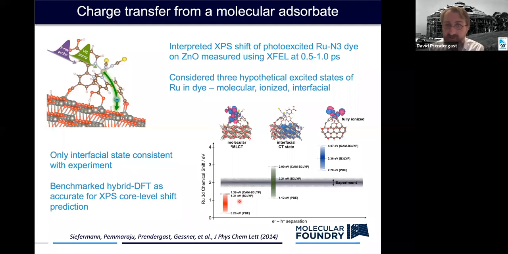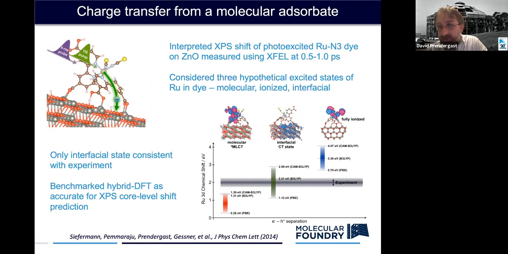I just want to use it to serve as an example and an introduction to this topic, where we were able to use an X-ray free electron laser. So this is the Linac Coherent Light Source at Stanford, to look at changes in the core level binding energy of a ruthenium atom, which is here inside a dye molecule attached to an oxide surface, to zinc oxide.